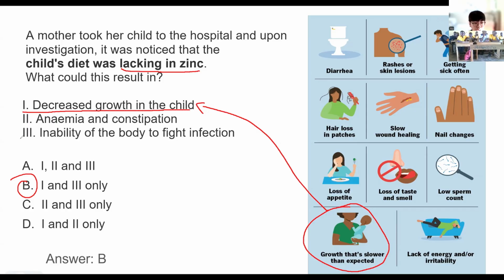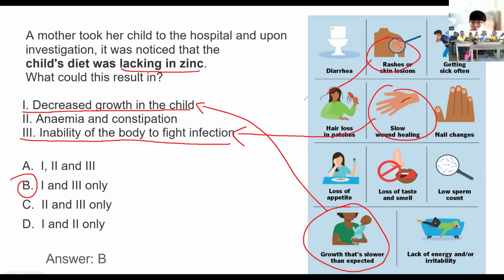And if you look at 3, inability of the body to fight infection, you can see that with slow wound healing, and things like rashes or skin lesions. All of those say that the body is unable to fight infections.